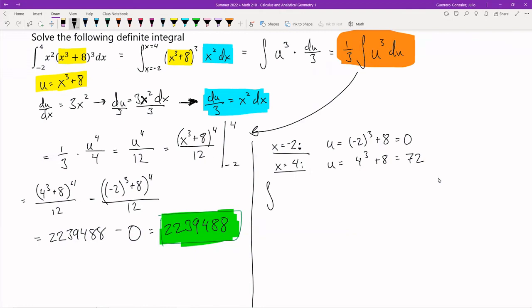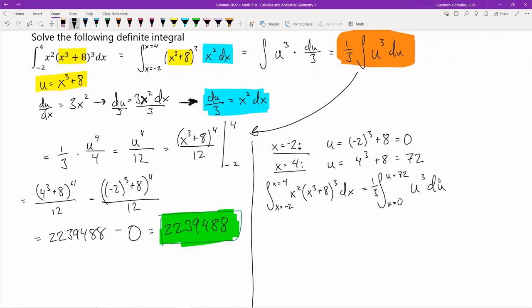The integral from x equal -2 to x equal 4 of x squared times x cubed plus 8 cubed dx is equivalent, using the same substitutions and the same du's, to the integral from u equals 0 to u equals 72. And I forgot the 1/3 here, of u cubed du.